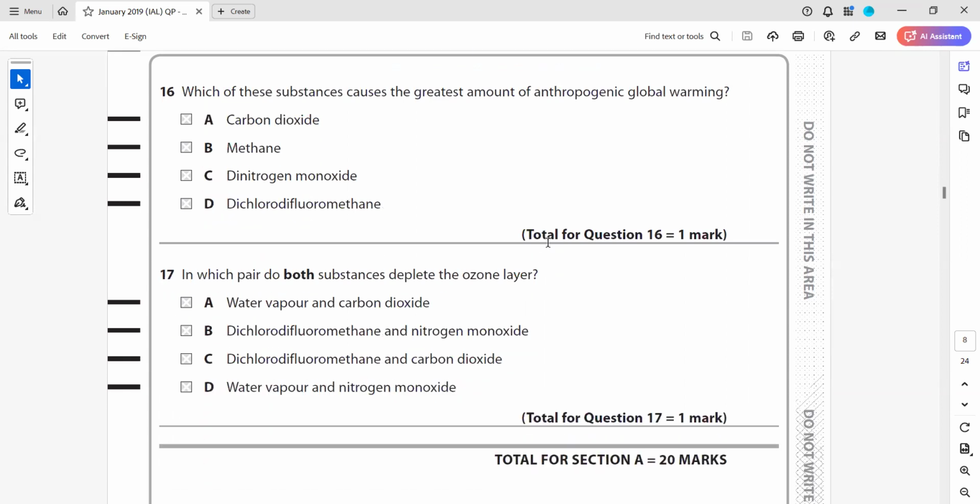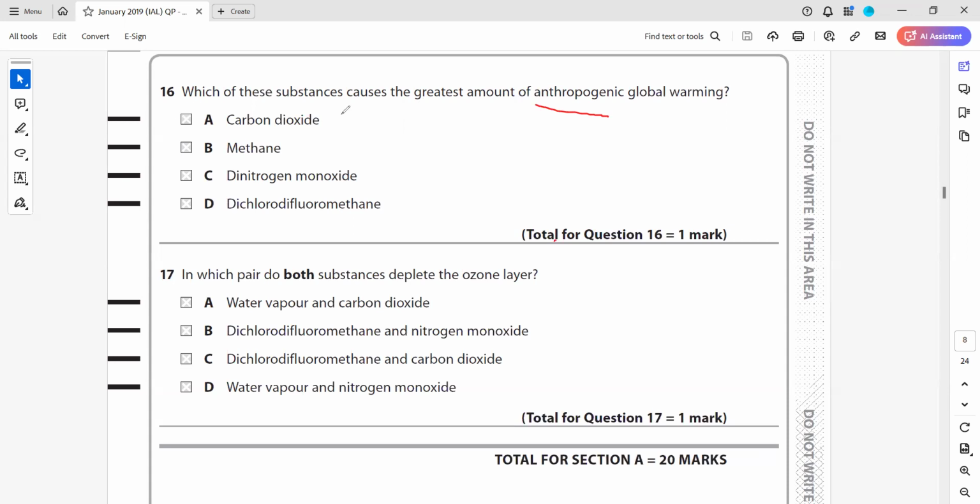Question 16: which of these compounds causes the greatest amount of anthropogenic global warming, meaning leading to a greater greenhouse effect or a global effect. Anthropogenic means mainly because of human activities.